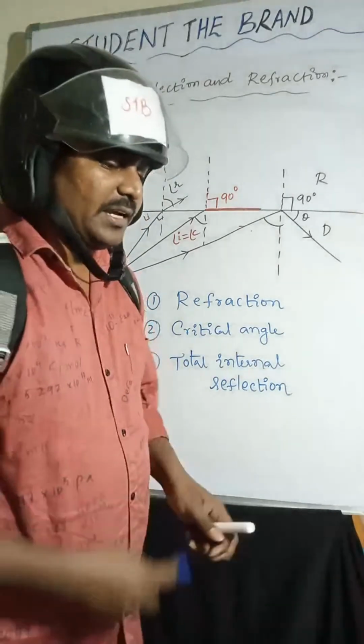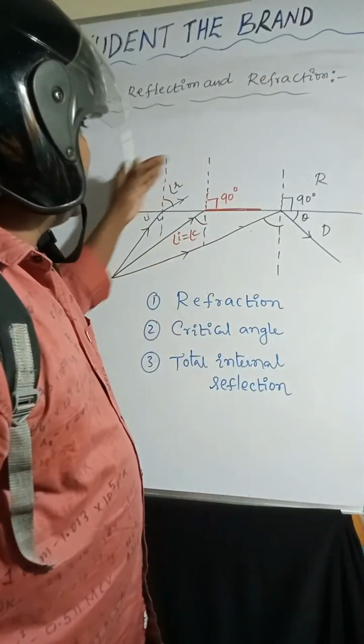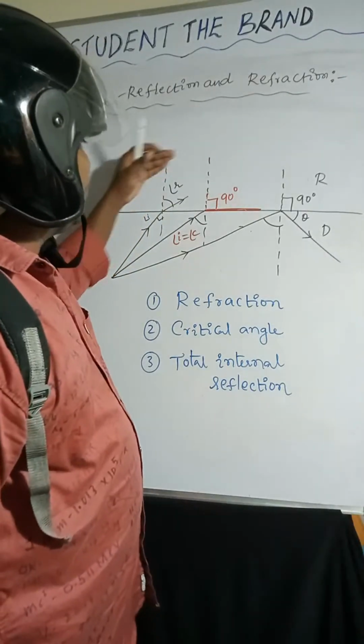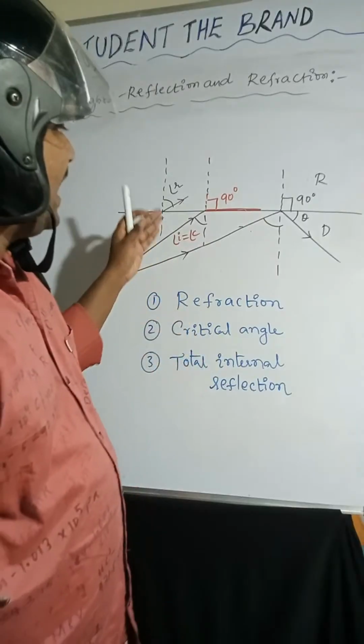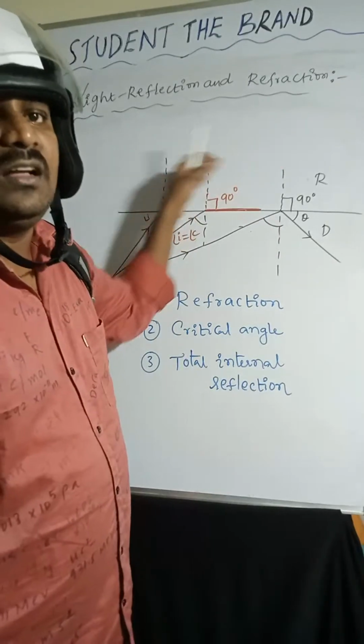Once again, observe carefully here. Refraction means if the light ray is passing from denser to rarer, it moves away from the normal line. Critical angle is the angle at which the refracted ray passes or gauges along the surface.